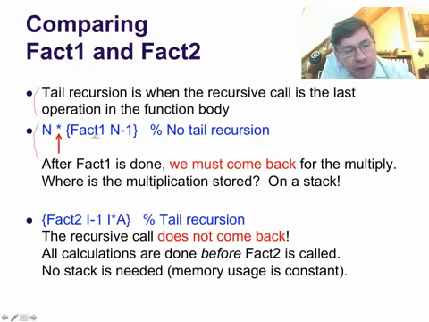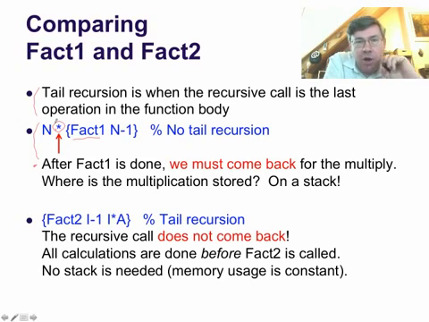Notice that after fact1 has finished its calculation, it has to come back to do this multiplication operation. Which means that during the calculation of fact1, the multiplication has to be stored somewhere in memory. The system has to remember that it has to do it. And where is it stored? It's going to be stored on a stack. And we'll see why, because many multiplications will have to be stored.